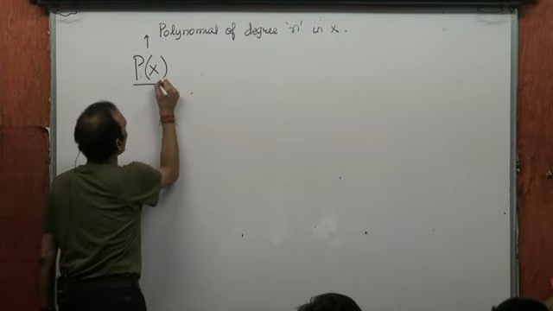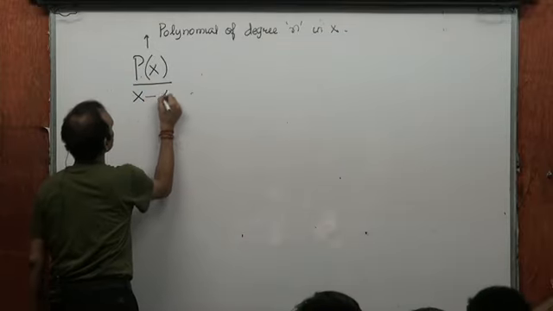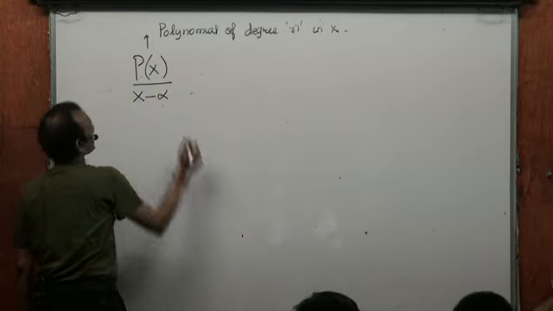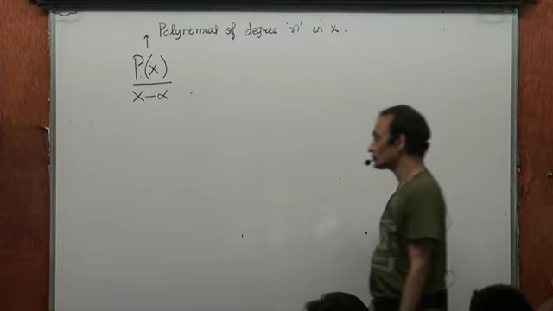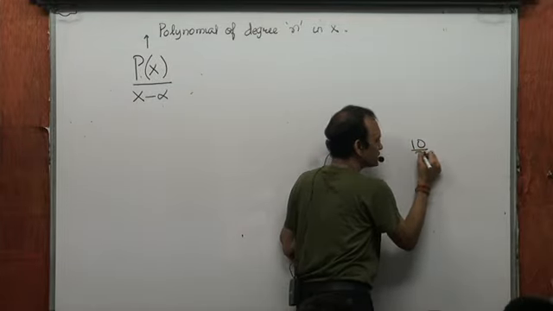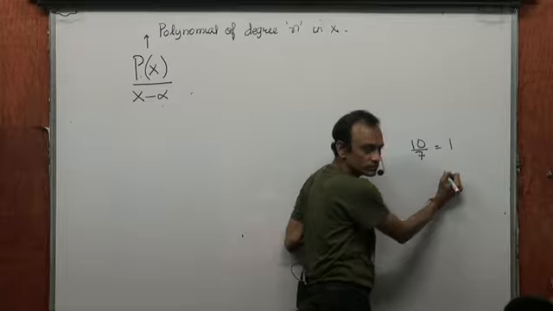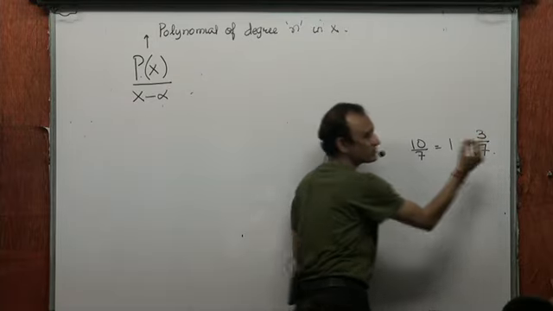When you carry out a division of this polynomial with x minus alpha, what does it lead to? Just as dividing 10 by 7 leads to a quotient plus remainder 3 divided by 7.